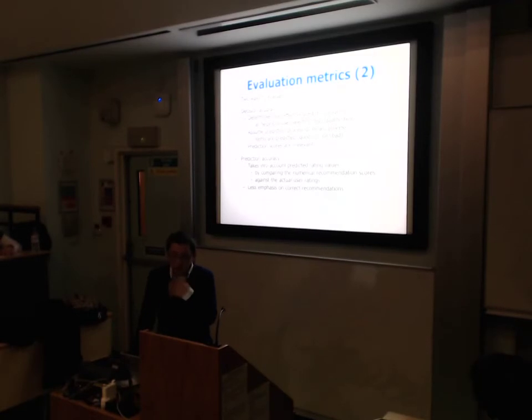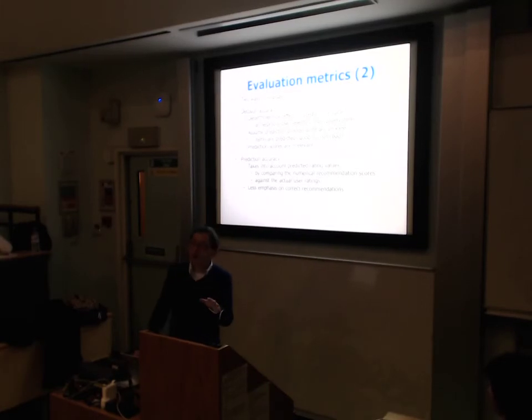Roughly speaking, there are two ways of doing the evaluation. One is called decision accuracy. It's basically whether, given a recommendation, the recommended one is accurate or not. Another, called prediction accuracy, is where I don't really care about how you can actually use it in the system.